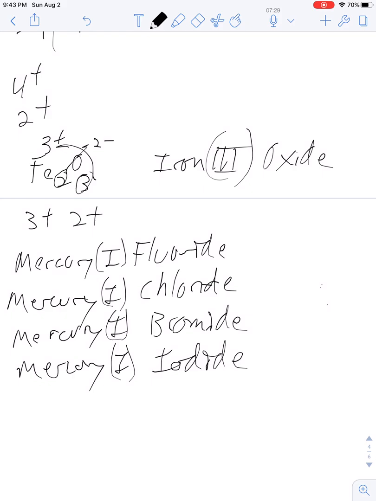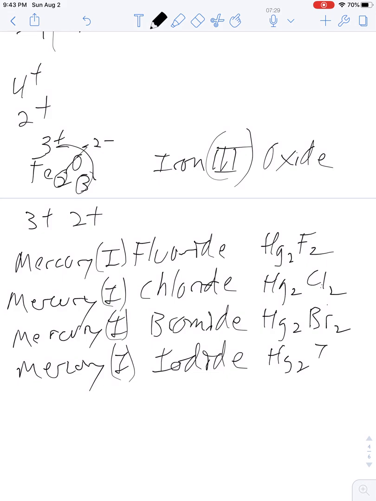Mercury 2 can bond with anything. The formula is this. So only with mercury 1 do you not reduce. So you don't reduce mercury 1 compounds.